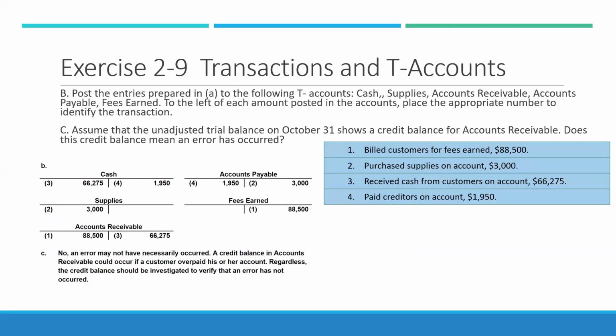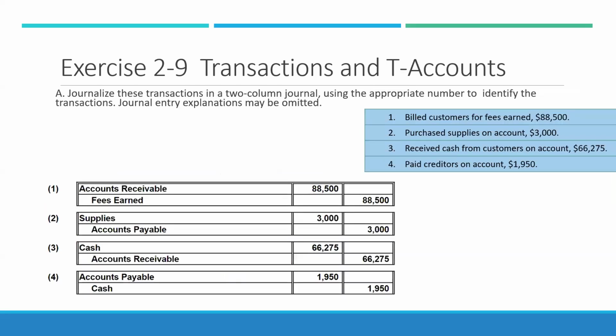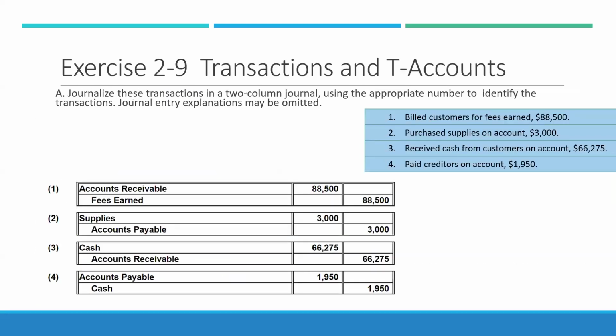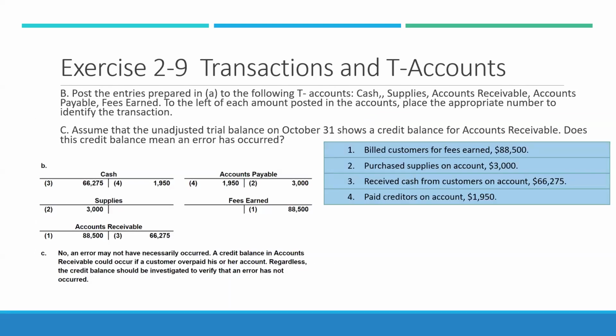And then we can post them to our T accounts. This is another form of posting to a general ledger, and also a simpler form of creating a general ledger. This is also what it could look like on the homework, and it's more commonly used in teaching accounting because it's simpler. You don't have to fill out all of these items. That's insane, right? So T accounts simplify the process.